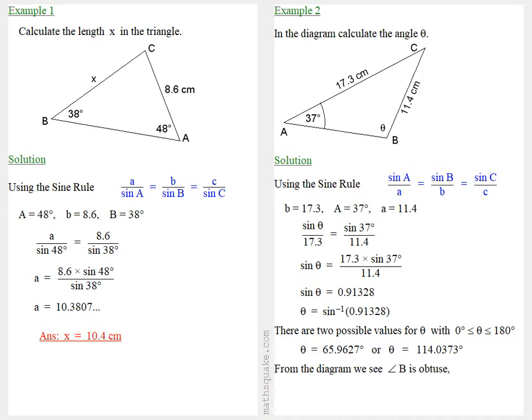If we look at the diagram, we see that the angle theta is actually an obtuse angle. It's bigger than 90 degrees. So the answer that we want is theta equals 114.037 degrees, or rounding it off to one decimal place, theta equals 114.0 degrees.